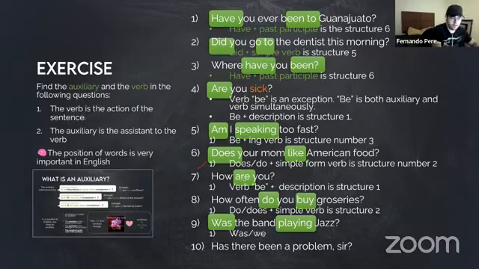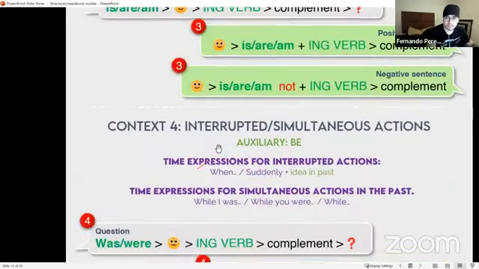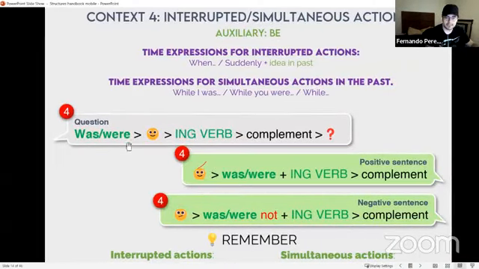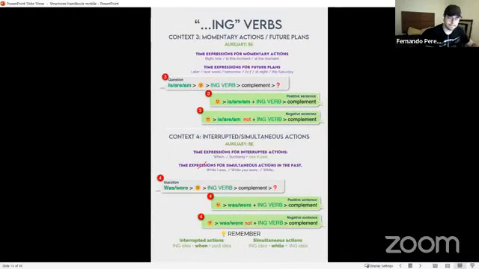Was or were plus ing verb is structure number 4 in the structure handbook. You see? It's ing, but it's in past. Was and were. Okay.